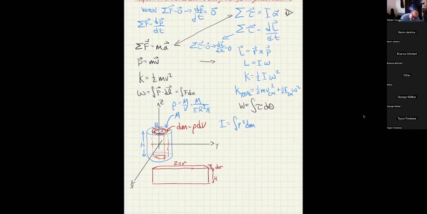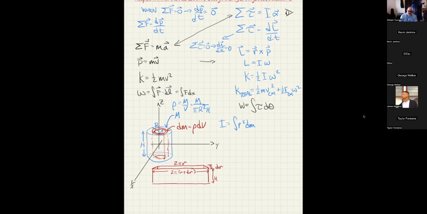Notice it's not exactly a rectangle, because you can see right here that it's a little bit of a triangle. In fact, this length right here is not 2 pi r, but rather 2 pi times r plus dr.